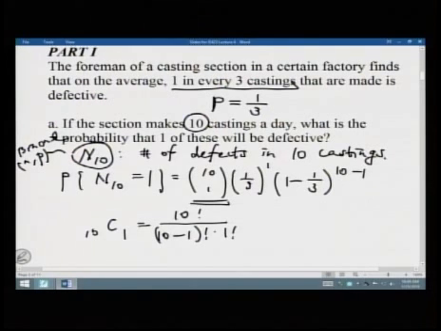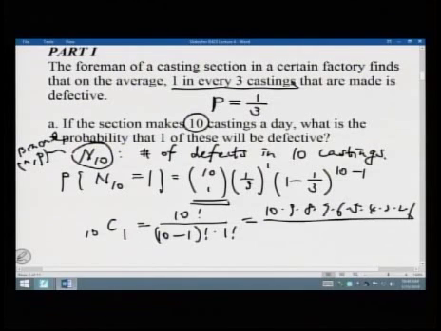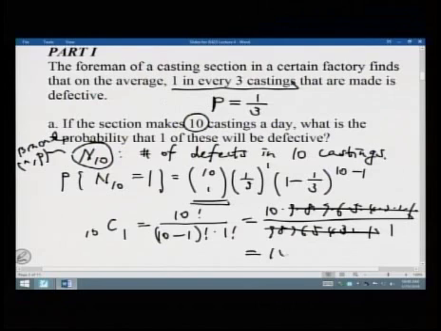So 10 factorial is 10 times 9 times 8, 7, 6, 5, 4, 3, 2, 1, over 9 factorial, which is 9, 8, 7, 6, 5, 4, 3, 2, 1, times 1 factorial, which is 1. So all of these parts can be removed. What is left over? 10. So 10 times 1/3 times 2/3 to the 9th power.